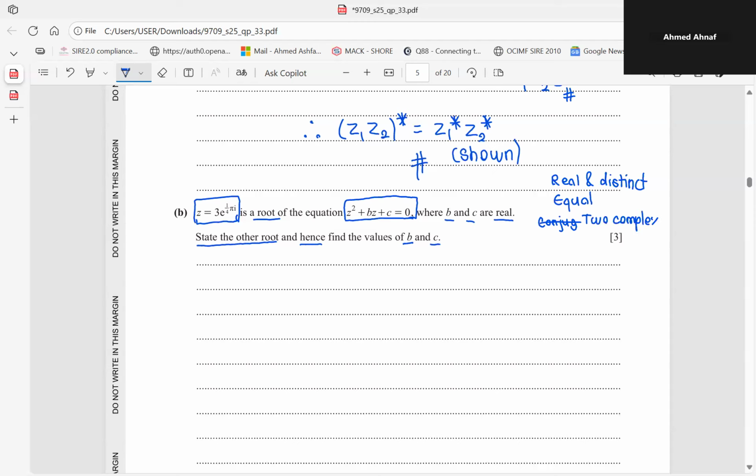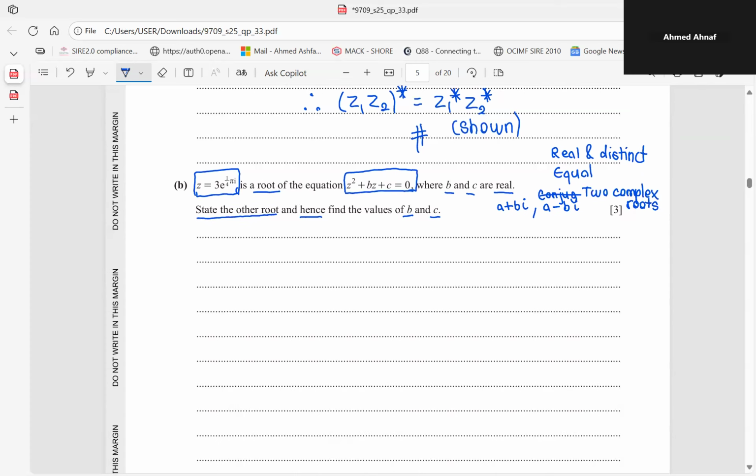And what's the relationship between these complex roots? They're basically conjugates of each other. So let's say we have a plus bi. The other root would just be a minus bi. Okay, so using this, we can easily find the other root.